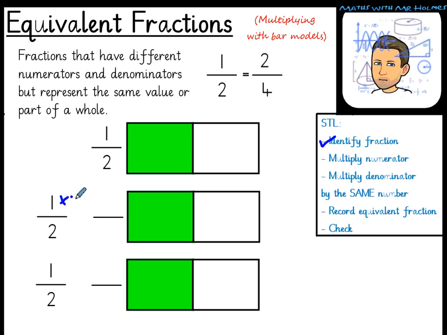I'm going to times by 2. 1 times 2 is 2. We now need to multiply the denominator by the same number. Times by 2. And 2 times 2 is 4. We'll record the equivalent fraction to show 1/2 is equivalent to 2/4.